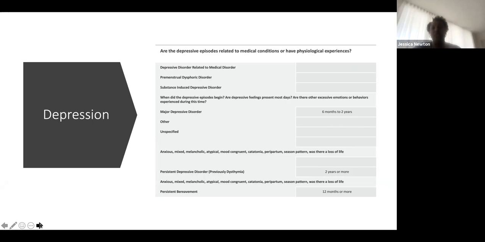And so we do also have this first question: are the depressive episodes related to a medical condition, or do they have physiological experiences? So we have the depressive disorder related to a medical condition. Then we have premenstrual dysphoric disorder. Then we have substance-induced depressive disorder.